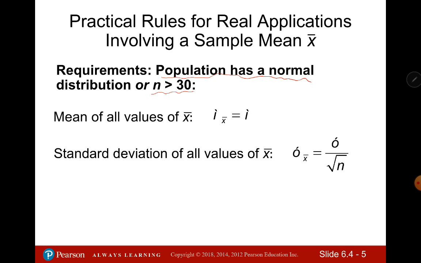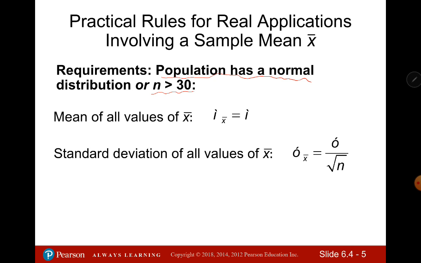If the population is a normal distribution, then any sample size is okay to use the central limit theorem, even if the sample size is very small, something like 5. But we already know the original population follows a normal distribution, then we are free to use the central limit theorem.